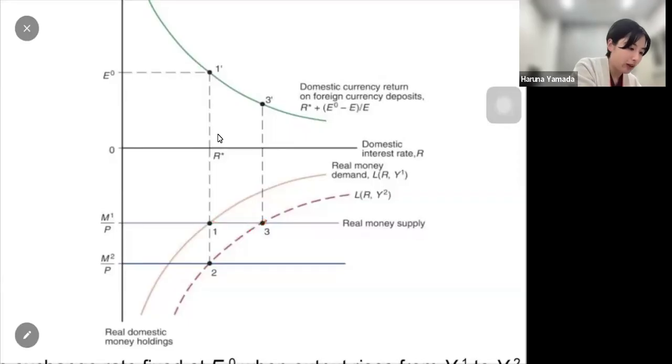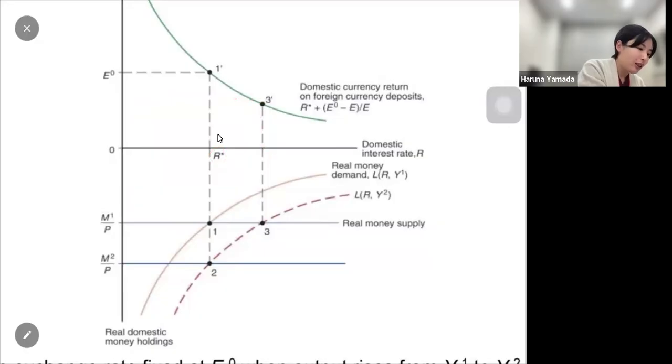Then the interest rate is at this level, which is greater than R star, the foreign interest rate level. Therefore, exchange rate appreciates from E0. So this is the new equilibrium exchange rate. But this new equilibrium exchange rate cannot be sustained because we consider the fixed exchange rate.